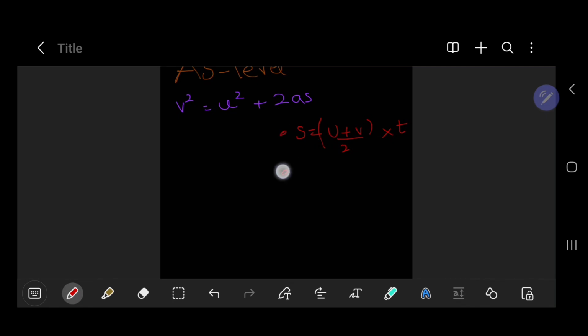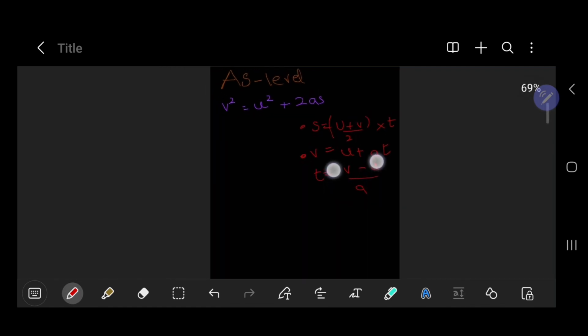The formula we have done earlier, of acceleration, is v = u + at. Now what we need to do is make time the subject of the formula: t = (v − u)/a.